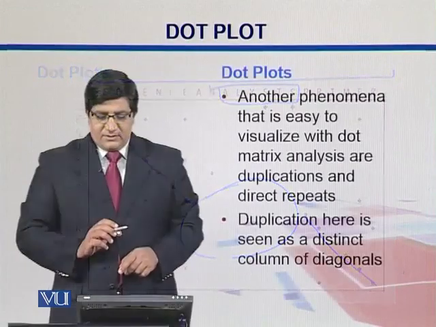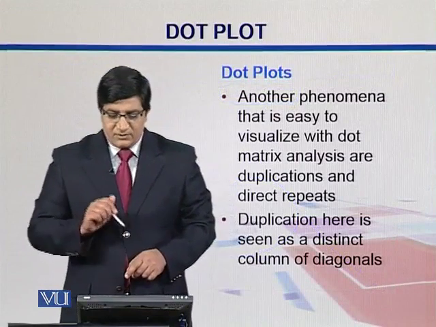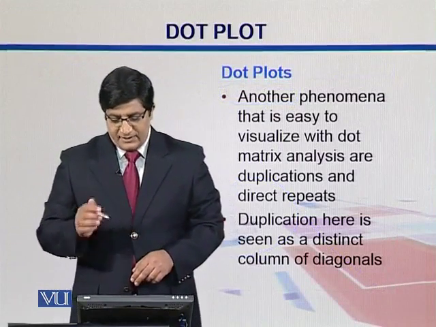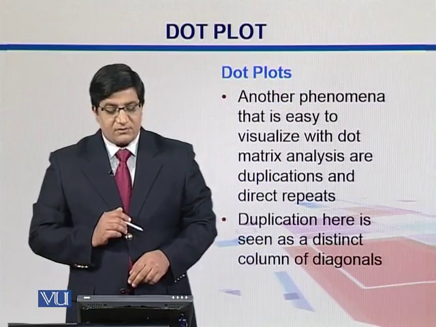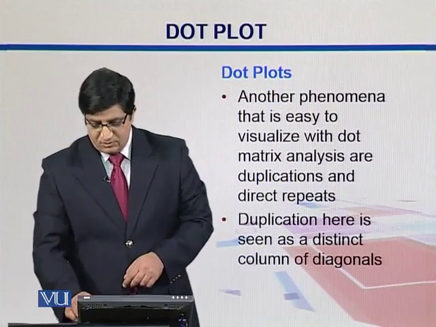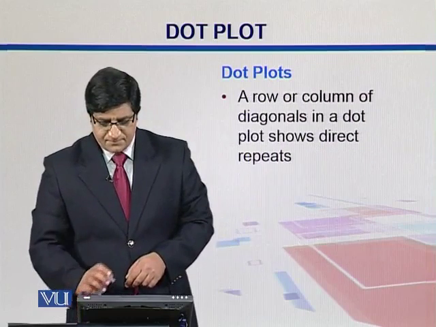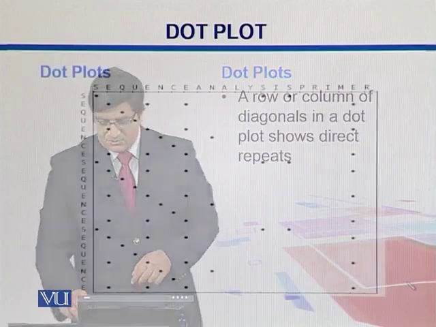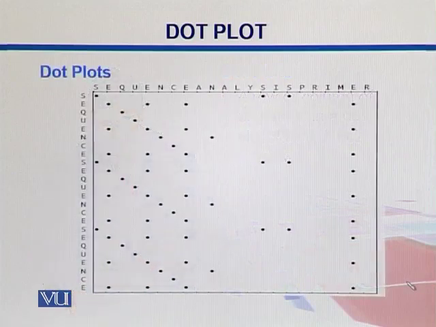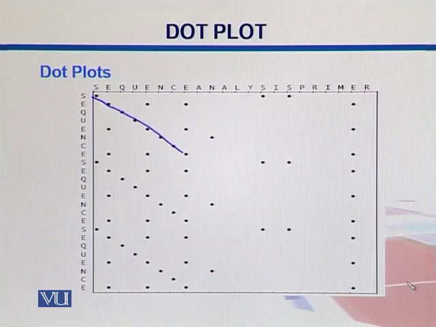Another phenomenon that is easy to visualize with a dot matrix is duplications and direct repeats. Duplications are seen as distinct columns of diagonals. A row or column of diagonals in a dot plot shows direct repeats. So we have "sequence analysis primer", and over here we have "sequence, sequence, sequence". We see this, this, this.